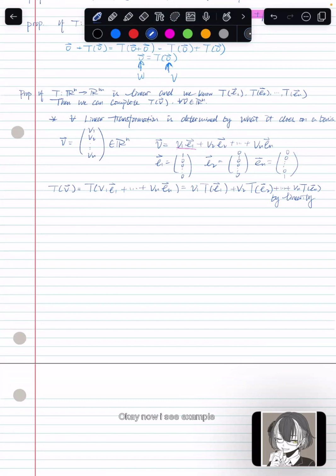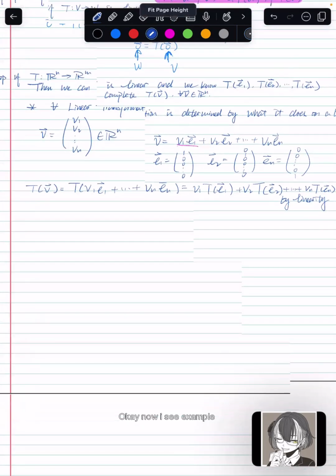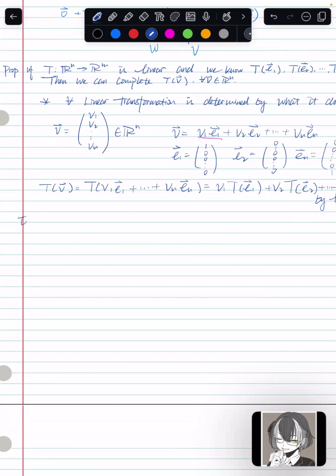Okay, now let's see an example. If I have a transformation from R squared to R squared, and I know that T of e1, which is T of (1, 0), is (2, 3).